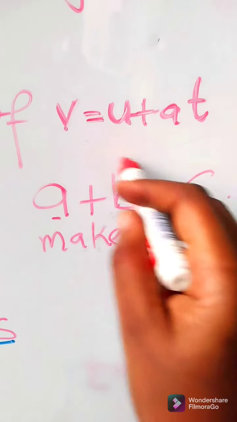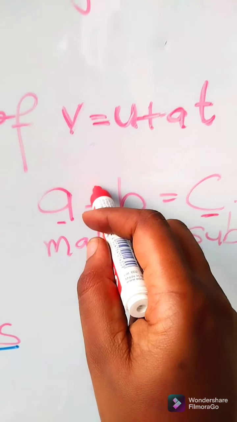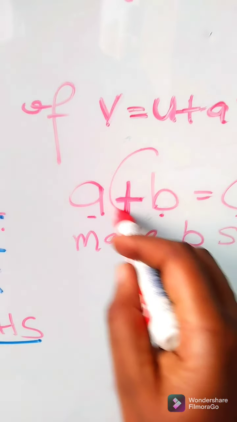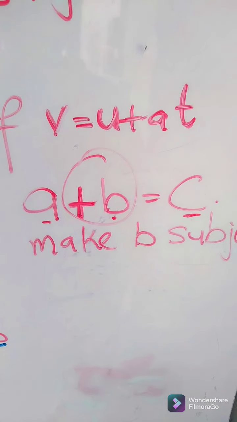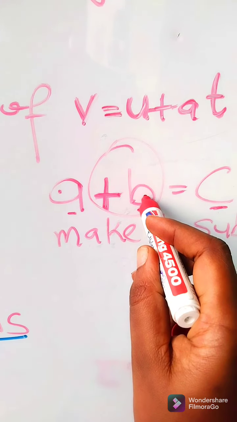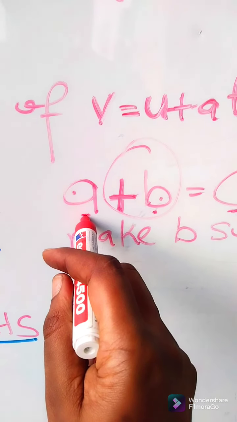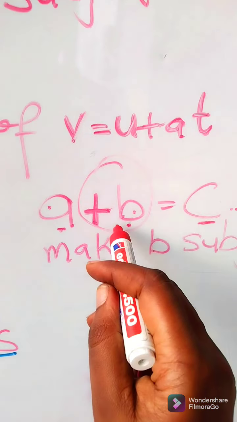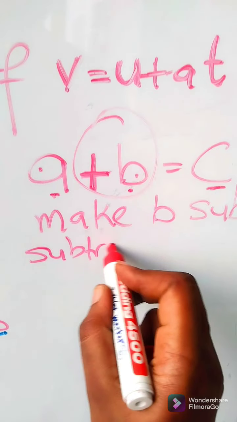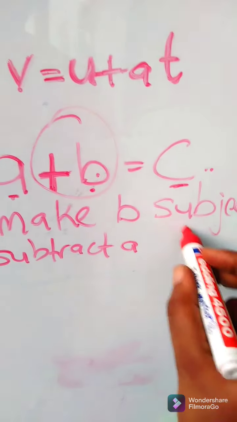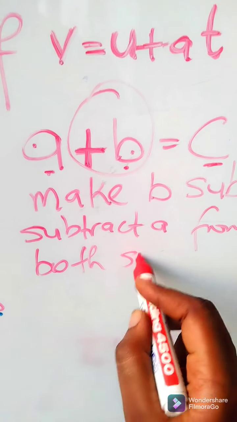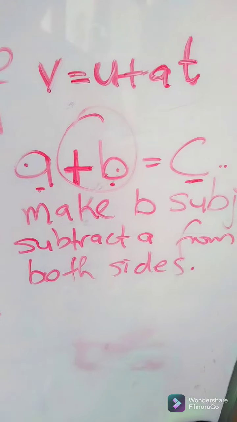Remember, every term and the sign in front of that term or the operation in front of that term belongs to the term. This plus sign does not belong to A, it belongs to B. So how do we make A leave here and go to the other side, leaving only B? We subtract A from both sides.